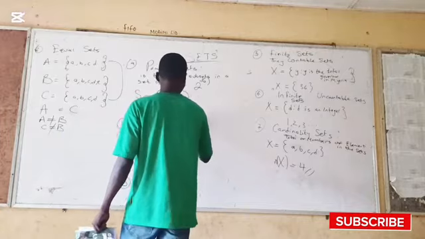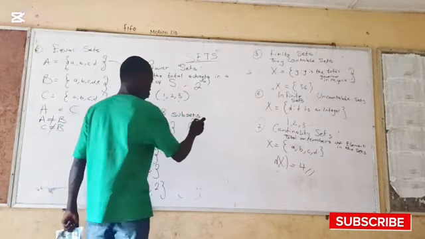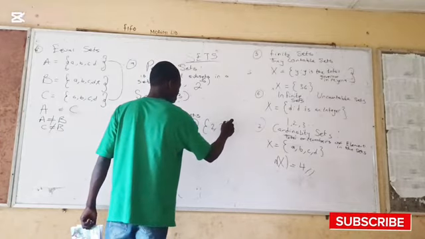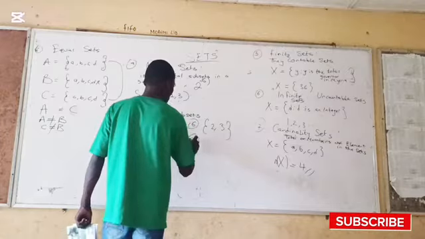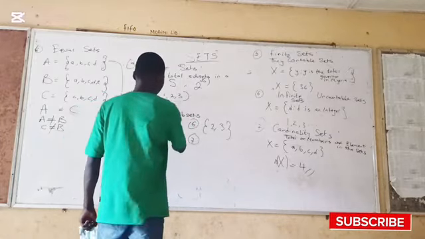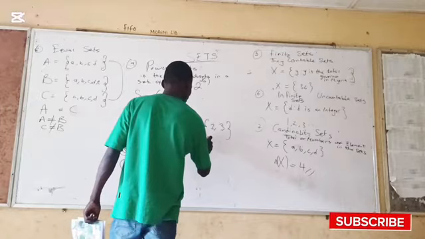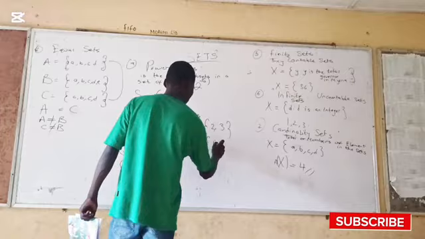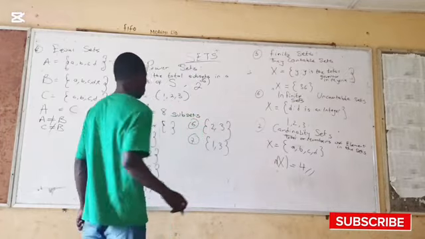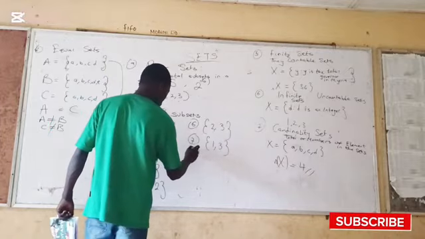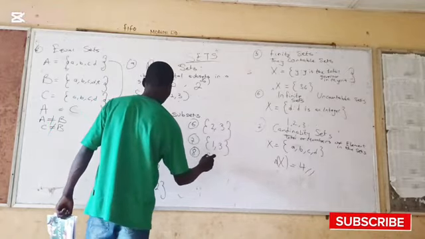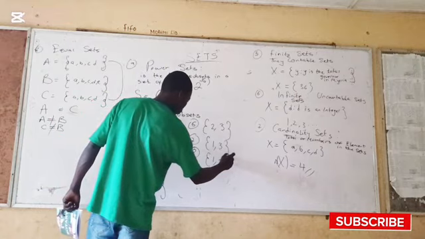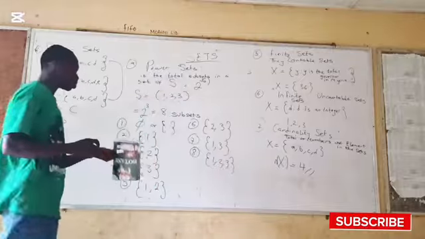The sixth one is going to be 2 and 3. The seventh one is going to be 1 and 3. So the eighth one is going to be 1, 2, and 3.